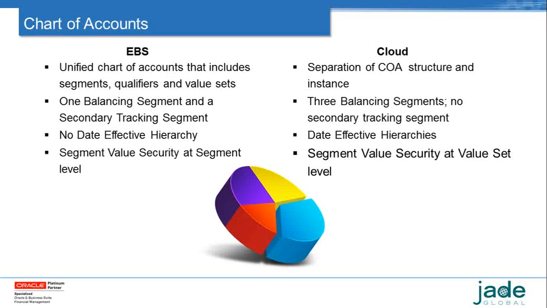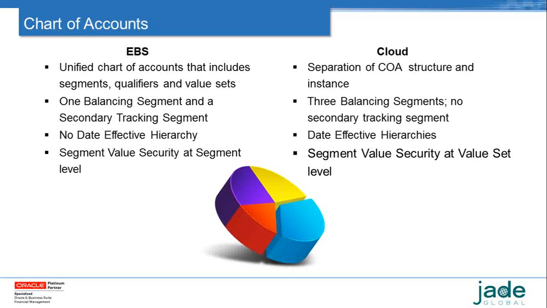So let's take a look at the chart of accounts side and what the differences are. In Fusion, the chart of accounts model is framed around the concept of a chart of accounts structure, under which one or more chart of accounts structure instances can be created.